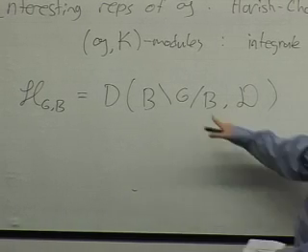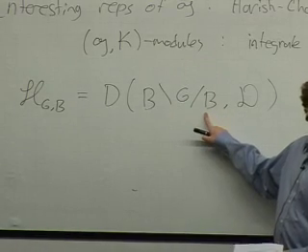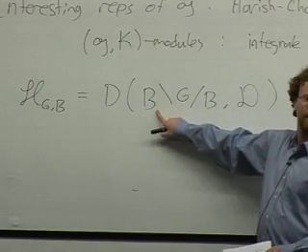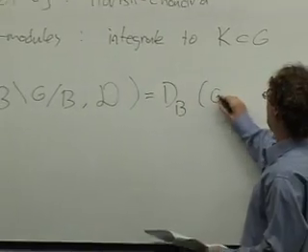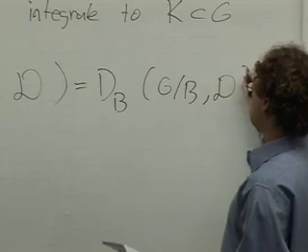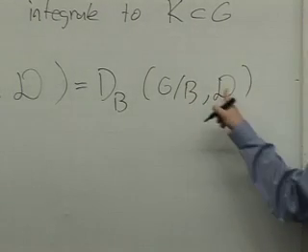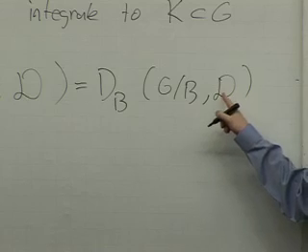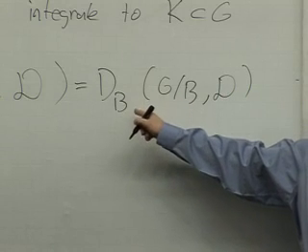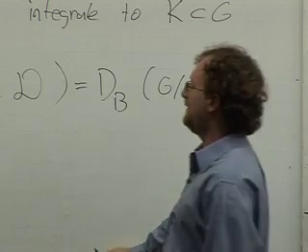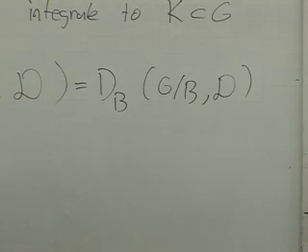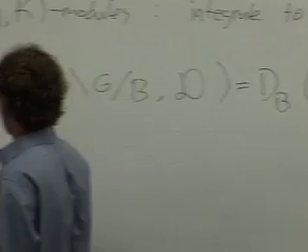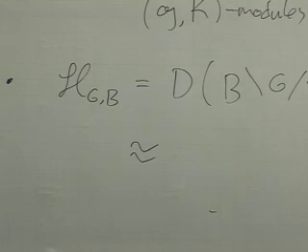These are D modules on G mod B, which are equivariant for B. They're D modules on the flag variety. So in other words, they're representations of the Lie algebra with integrability to the group B. So that's what this notation means, that these are representations of the Lie algebra with an integrability to B. So this is roughly, up to these kind of issues that I said I'm ignoring, issues about these infinitesimal characters.